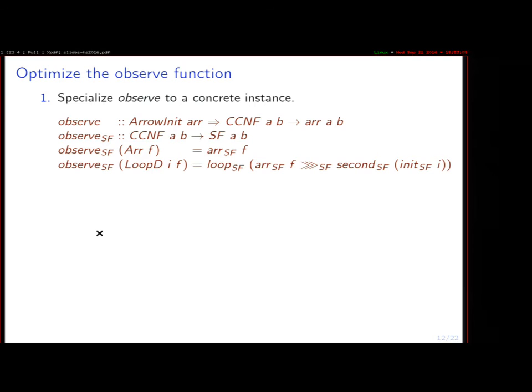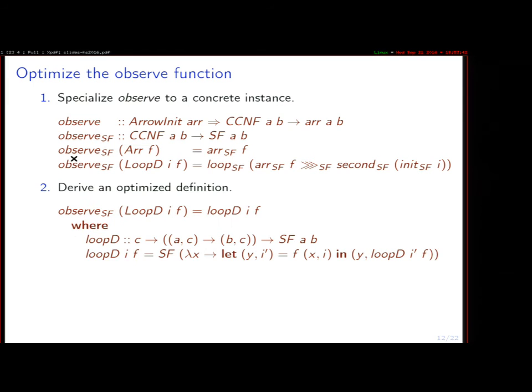Furthermore, if we optimize the observe function, we can get the speedup we want. This is done by specializing observe to some concrete implementation. For this, we can use the SF arrow we saw just now, and we just use the corresponding arrow combinators for the SF arrow to implement observe.